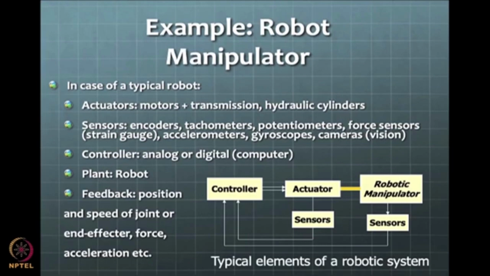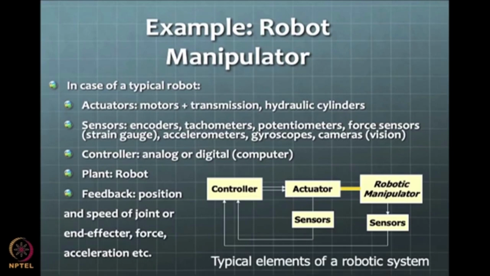Can you think of what the sensors are? You'll have position sensors. Encoders are position sensors, or a potentiometer is another position sensor, or you can have tachometers, which are speed sensors. Potentiometers can be linear or rotary, with multiple-turn potentiometers also possible.